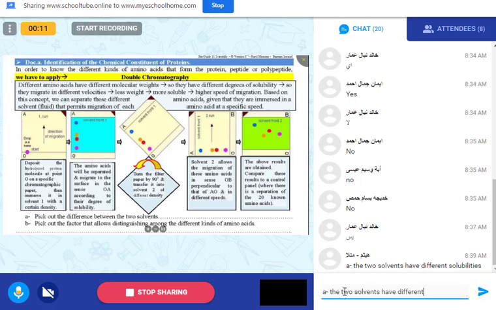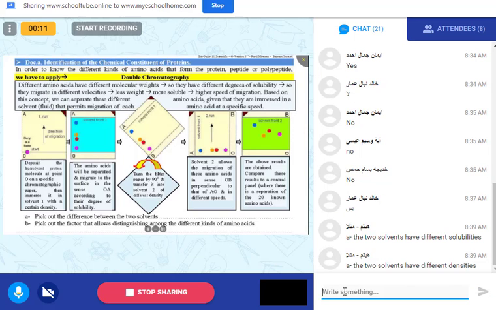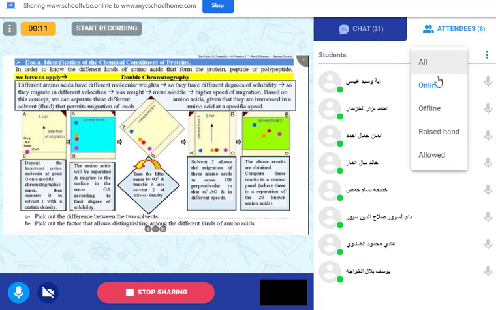Not solubilities. They have different densities. Sorry, they have different densities.